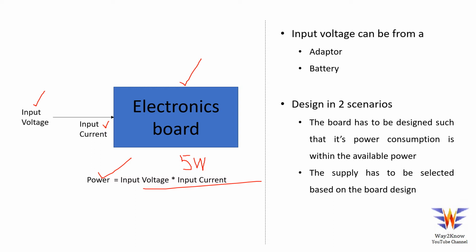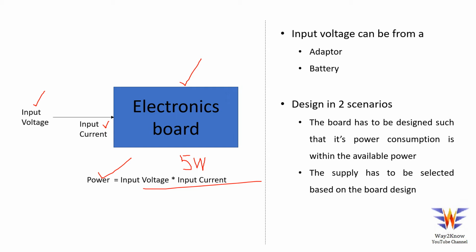We can say power supply here, but because power supply is a lab scenario, we are talking about field scenarios where an adapter or a battery can be used. And then when you are designing this circuit, there are two scenarios. Here the board should be designed such that it is within the 5 watt capability.